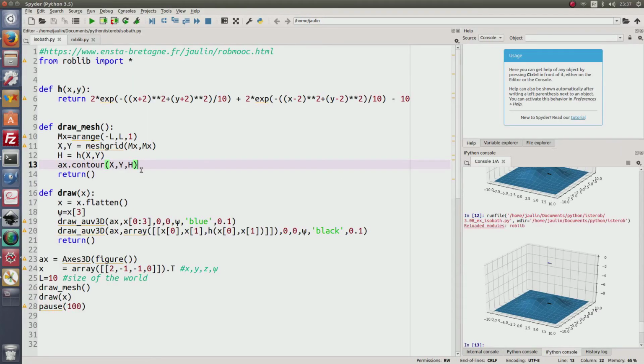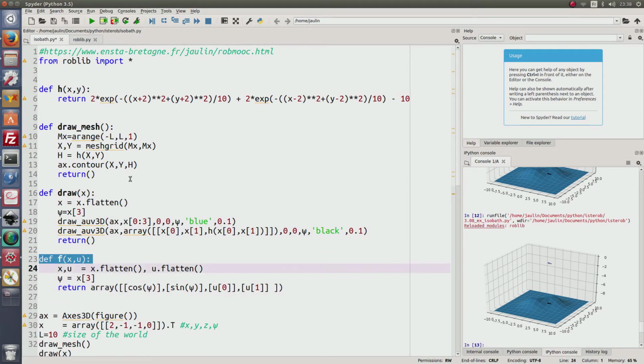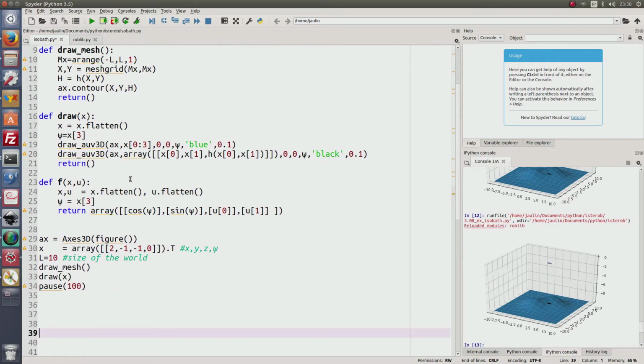Okay, now if I come back, I will try to simulate the robot. So I need to write first the evolution function, which is given by the state equation, and I will have to simulate this.